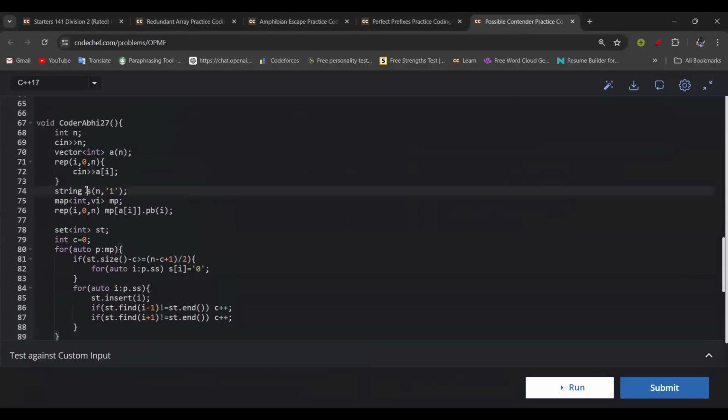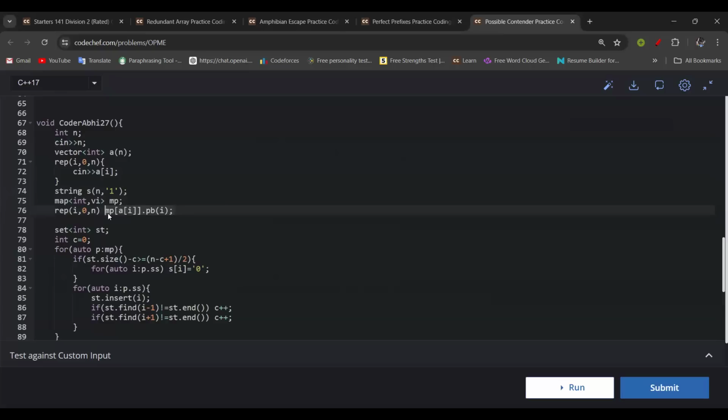Okay, so we initialized our answer string of n size with all ones. So we initialized that all are possible. Whenever we get a case where it is not possible, we'll replace it with 0. That's all input. Now I created this map of int comma vector of int. So map of ai dot push_back i.